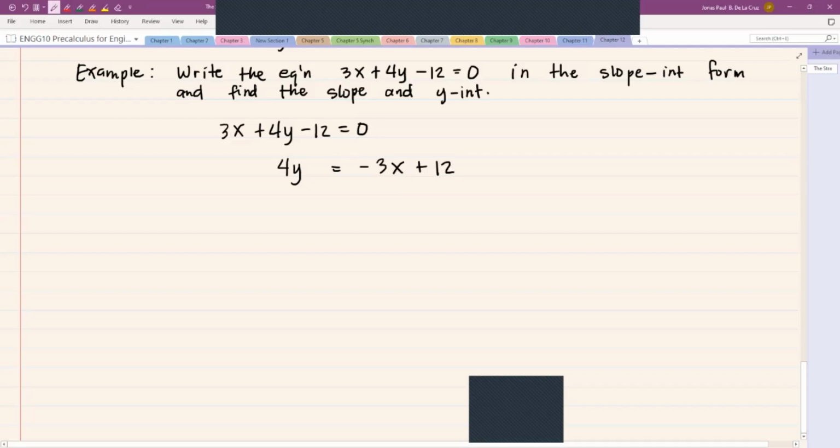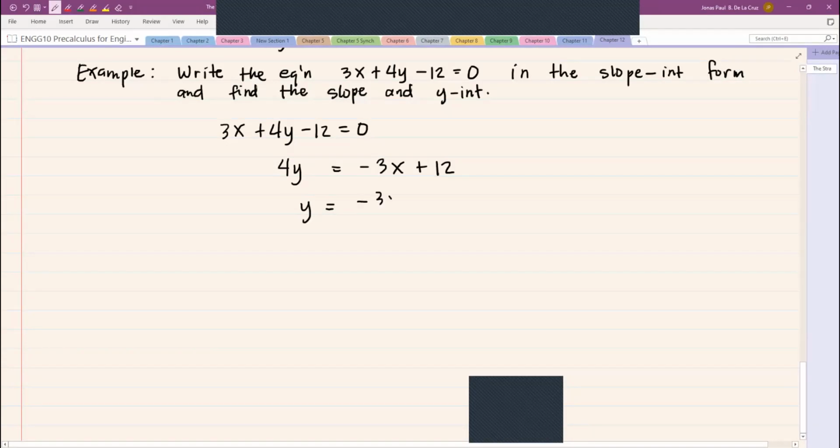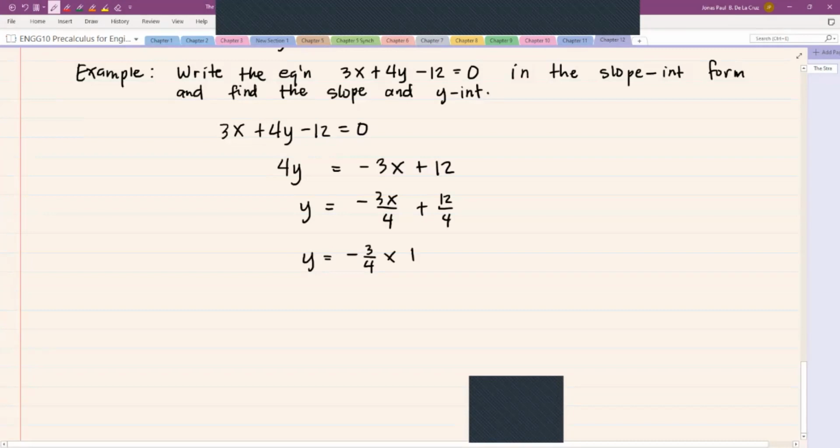And then para y lang yung matira dito sa kabila, we divide everything by 4. So that's y is equal to negative 3x over 4 plus 12 over 4. And then rewriting, we have y is equal to negative 3/4 x plus 3.